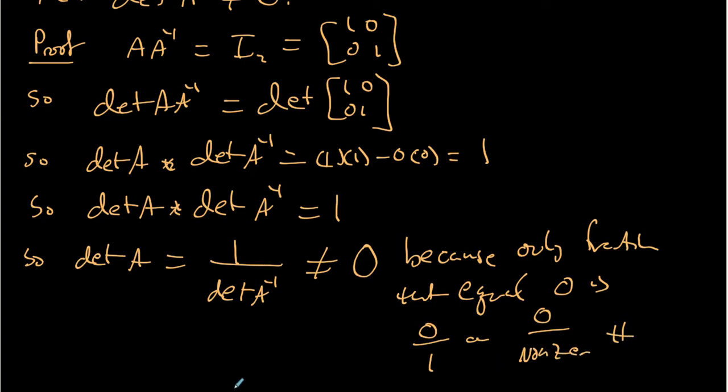In other words, once we get down to this particular equation, we can conclude that the determinant of A and the determinant of A inverse, neither one of them can be 0, because if either one of them were equal to 0, then the product would be 0.